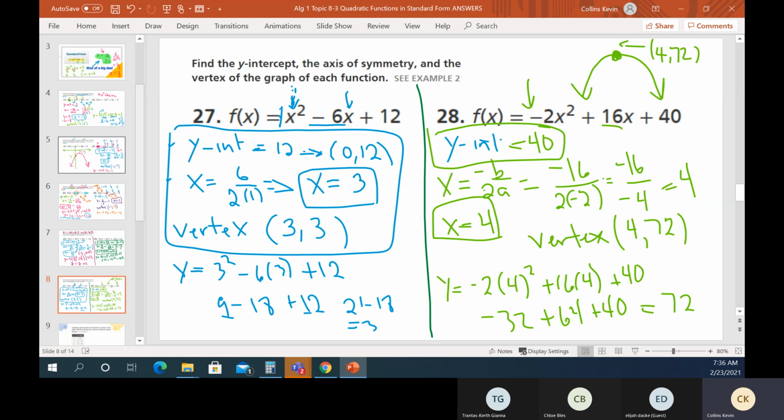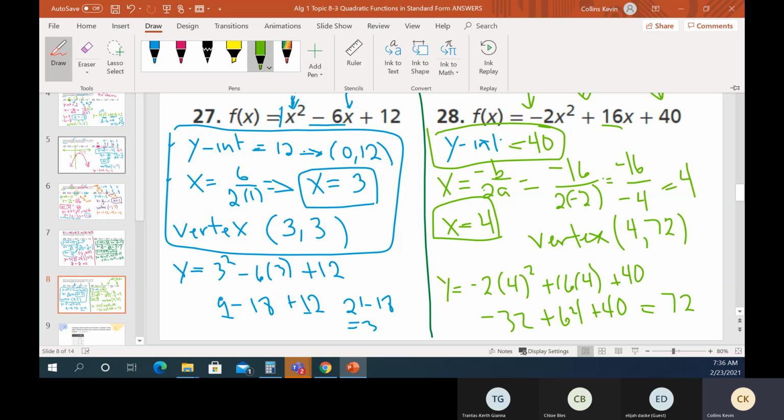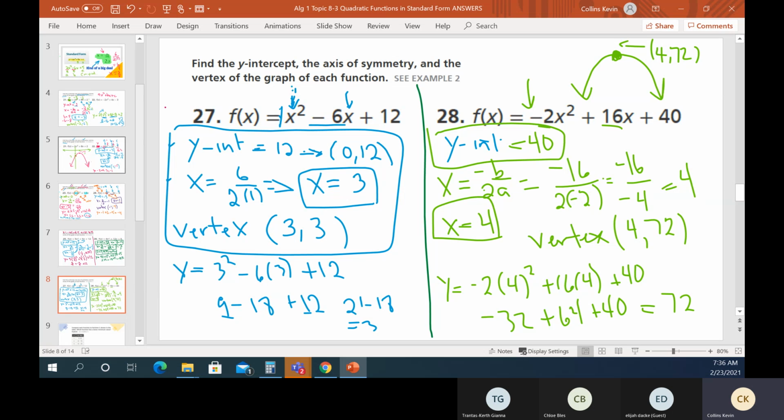So if this is 4, you come over here to 0, and you'd be hitting at 40. So it'd be something like this. So over here, this would be 0 and 40. Okay. So we know this guy's upside down. It tops off at 4, 72, and it goes across the y-axis, the y-intercept, at 0, 40. Beautiful.